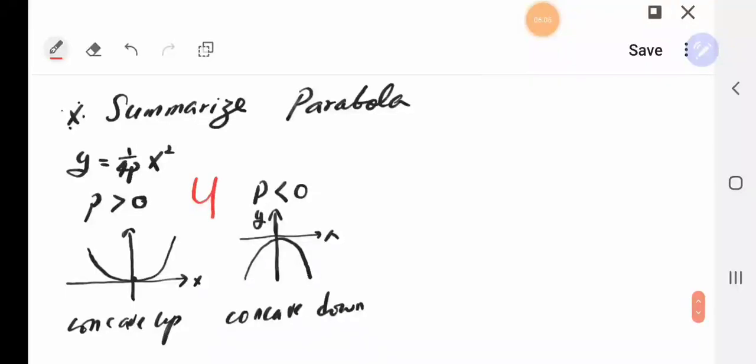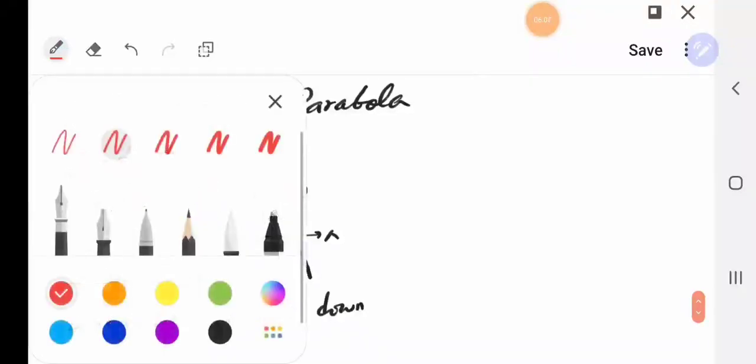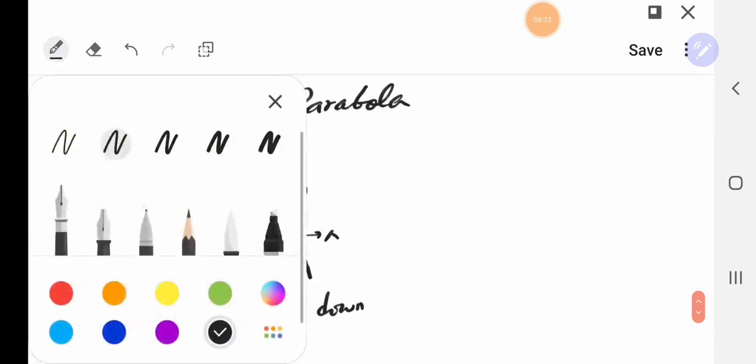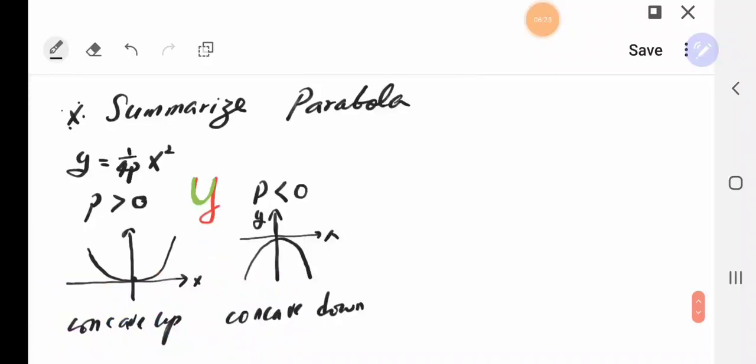When you write y, it starts with a U-shape, right? U-shape. So if an equation starts with y, then the graph is either concave upward or downward. Okay, if we interchange x and y, then the equation will be x is equal to 1 over 4p y squared.